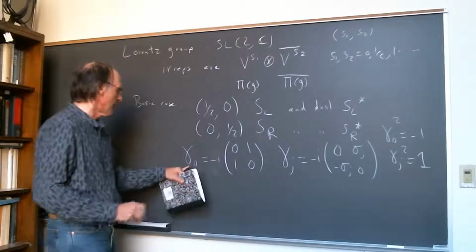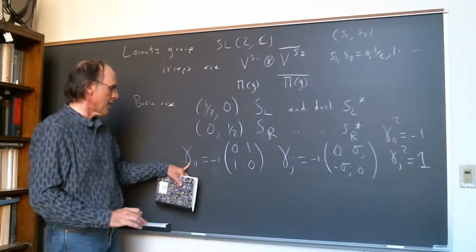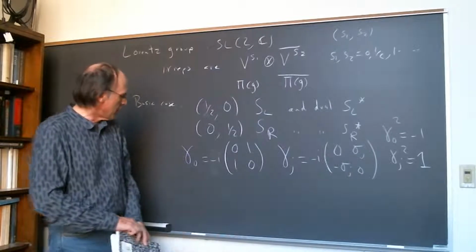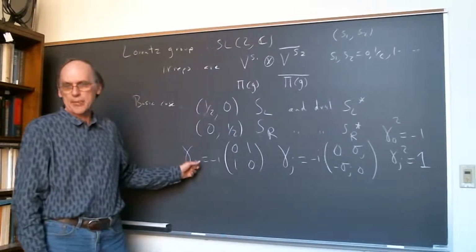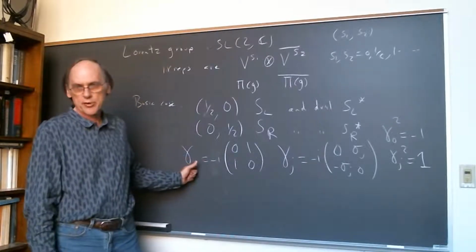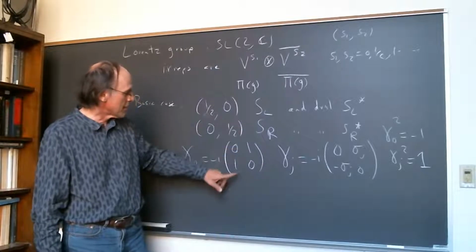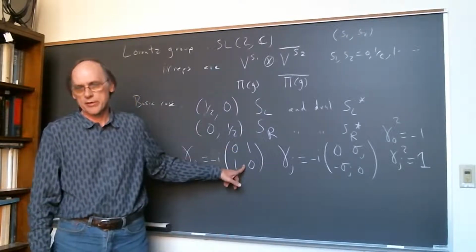You can think of this as a basis vector in the time direction, the 0 direction, if you think of your Minkowski space as 2 by 2 complex matrices.